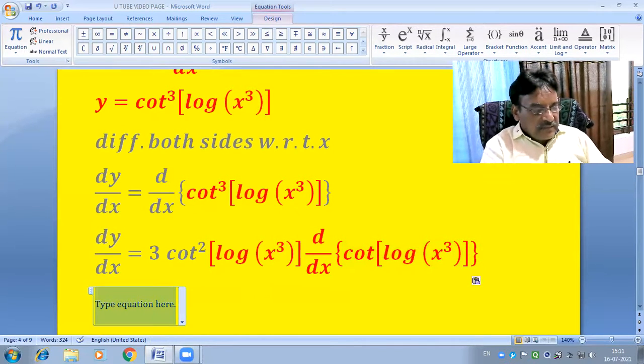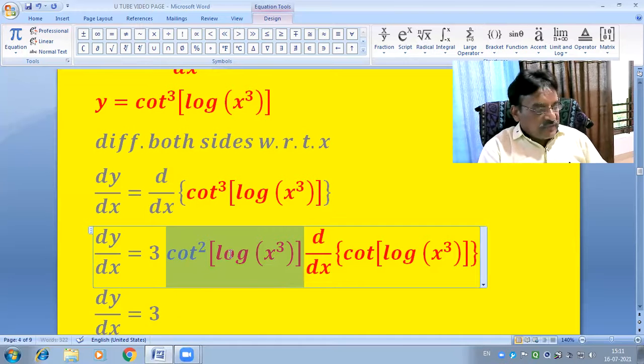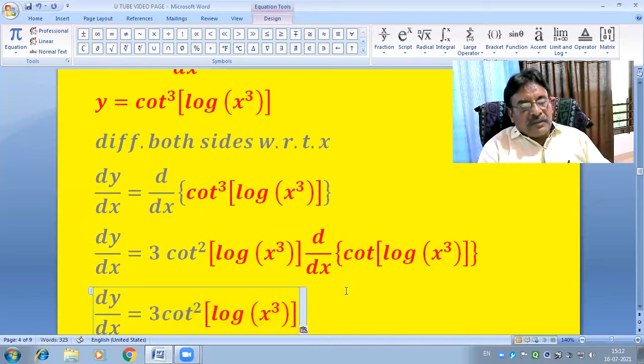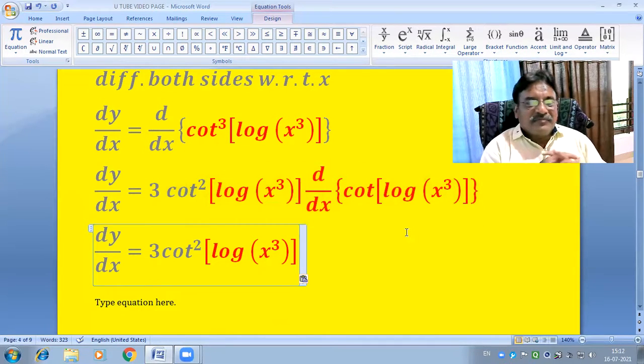Therefore, here dy by dx is equal to 3 cot square log x cube as it is, into d/dx of cot log x cube. We find d/dx of cot log x cube by using the formula d/dx of cot f(x) is minus cosec square f(x) into f dash of x.